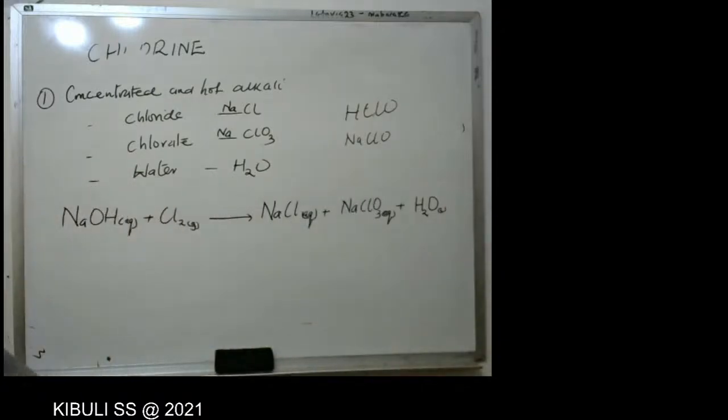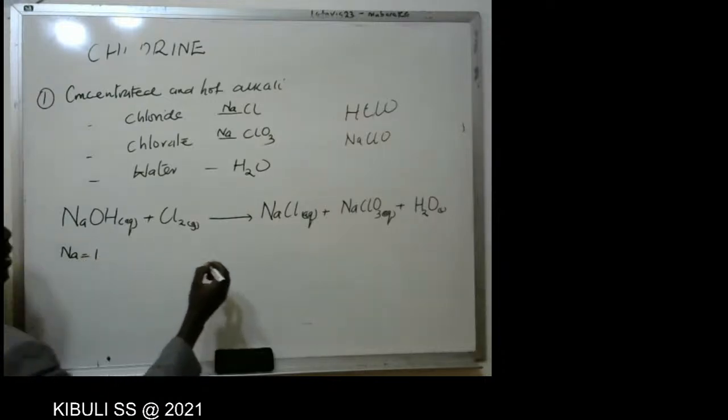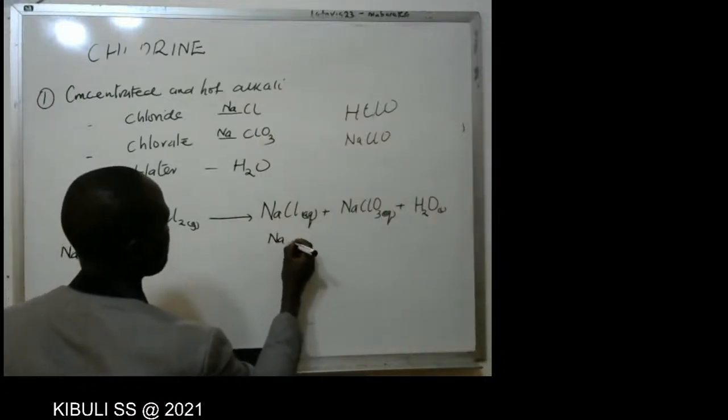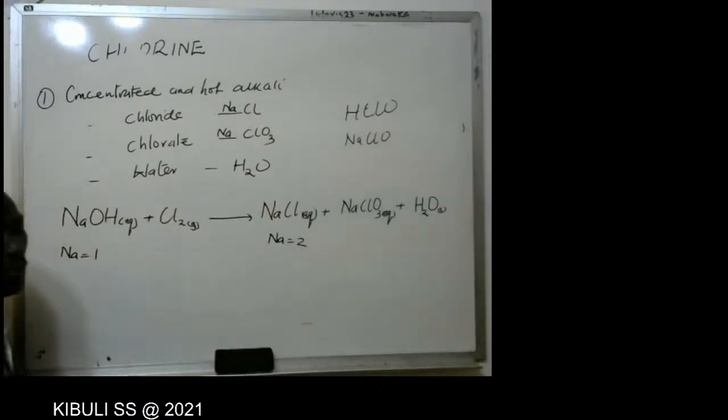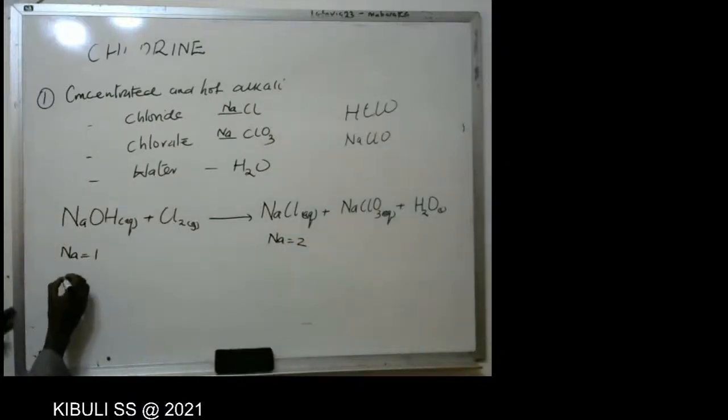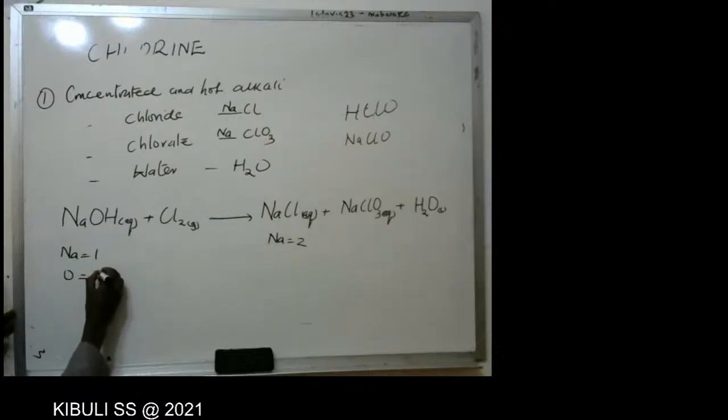In our usual style, we now get interested in finding out whether the equation is balanced or not. Let us try out and see. So, here what do we notice? Sodium is only 1. Here sodiums are how many? 2. There is a problem already. Oxygens this way is 1.